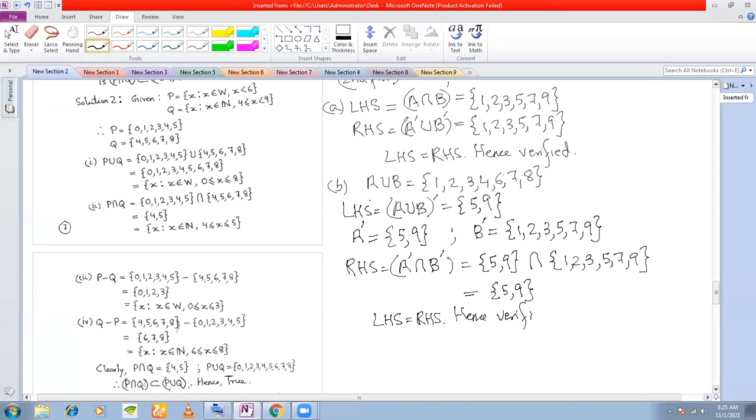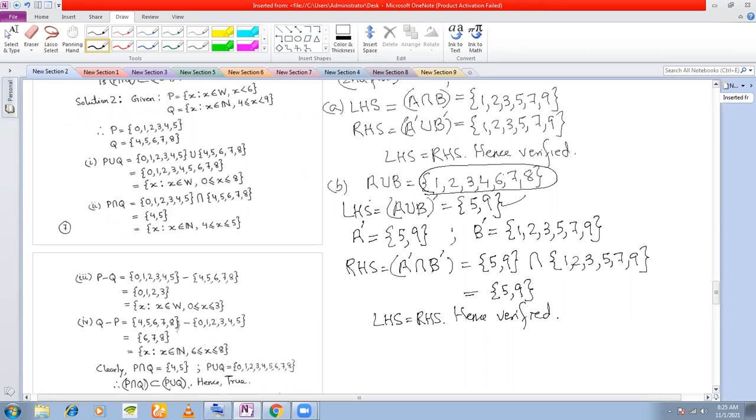Sir, how do you get (A union B) complement is equal to 5 and 9? What are the elements of A union B? All these, right? Remove all these elements from the universal set. You'll only get 5, 9. Understood? What is (A union B) complement?